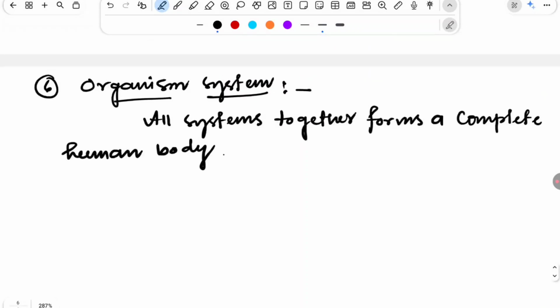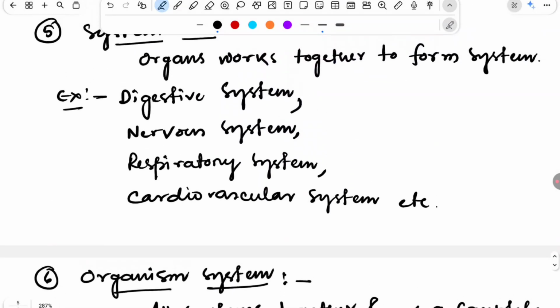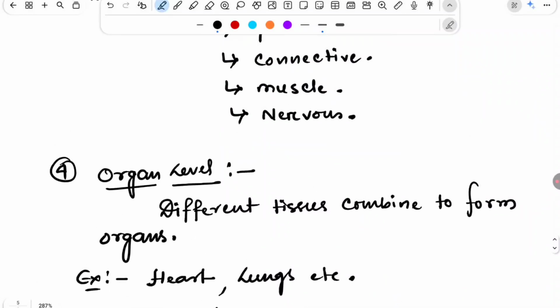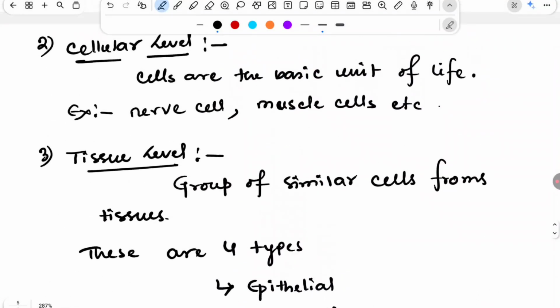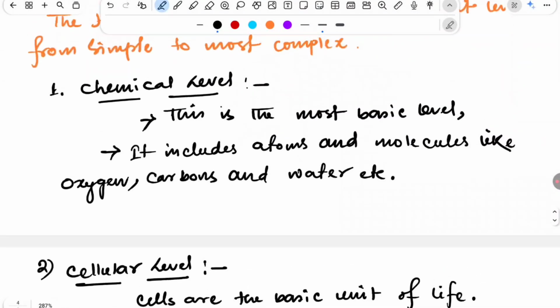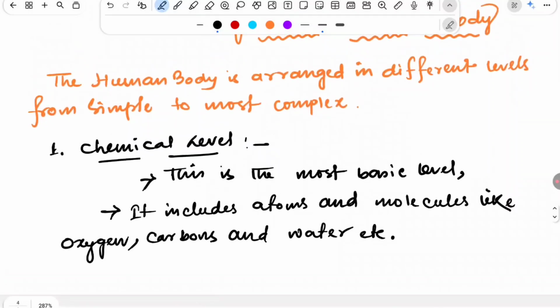So these are the levels we have to follow. One by one we will do revision. First one is chemical level. In chemical level, what is that? This is the most basic level. It includes atoms, molecules like oxygen, carbon dioxide and water.